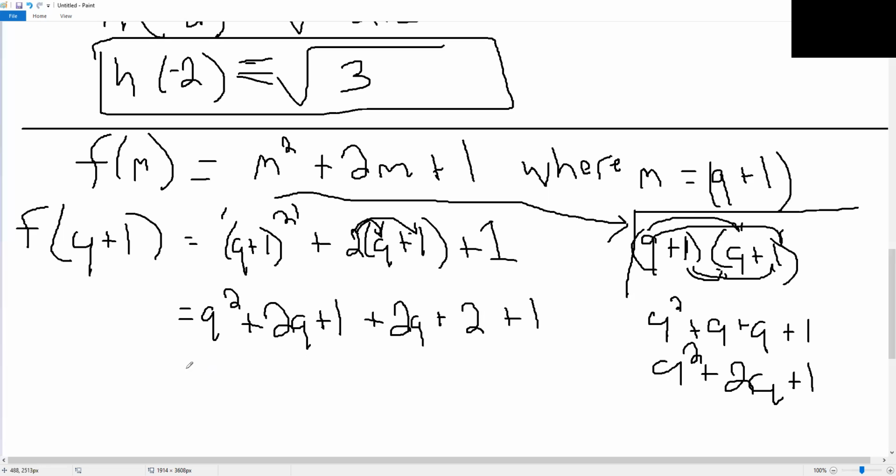Any more squareds? No. So we're just going to write our q squared here. Any more q's? Yeah, there's one right here. So we got 4q plus 2, 3, 4. Okay, and this is function m of q plus 1 equals that. And that's where you stop right there.